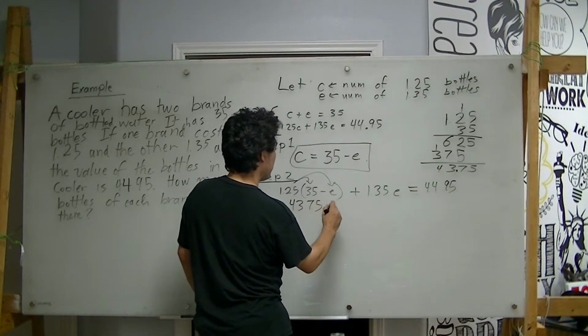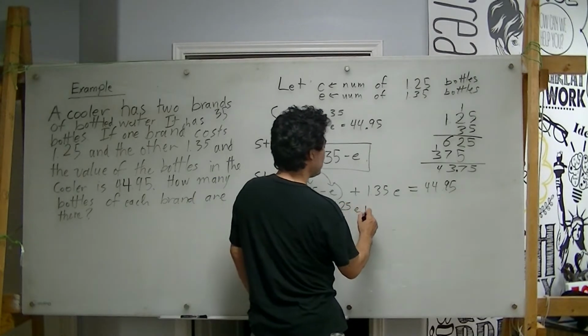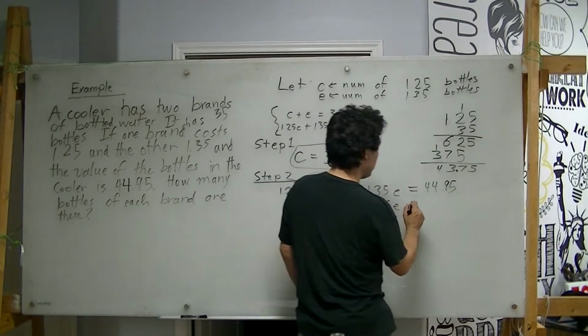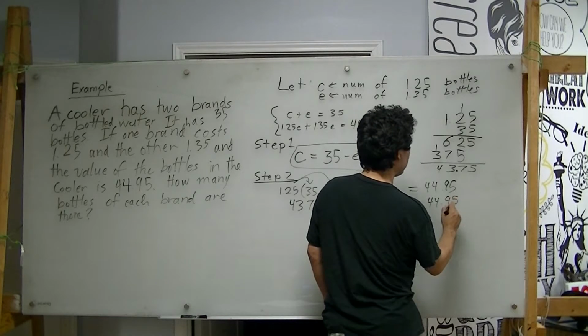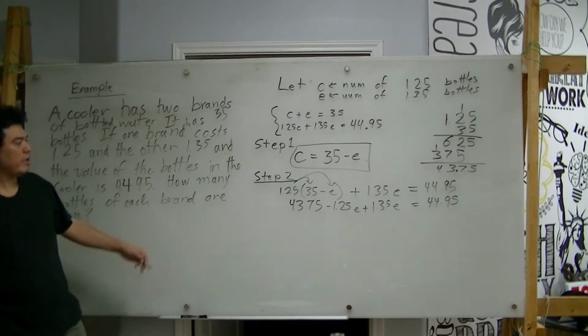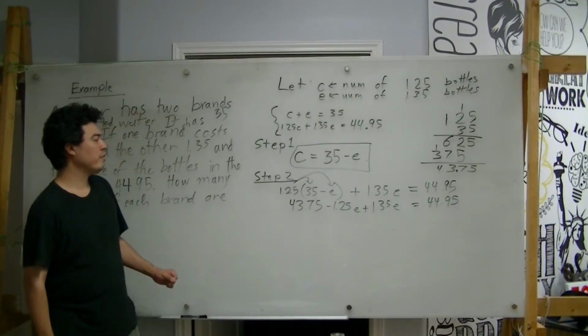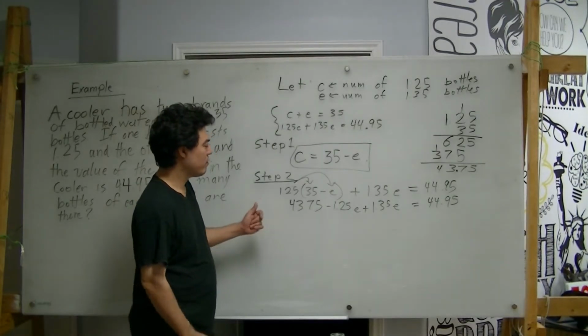So we now know that this is 43.75 minus 1.25E plus 1.35E equals 44.95. So there we go. We see that we have an equation only in terms of E now, and we're working on solving that one. Now what we want to do is get this 43.75 to the other side.